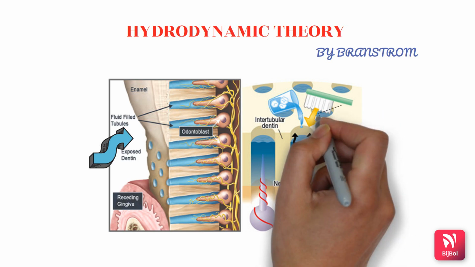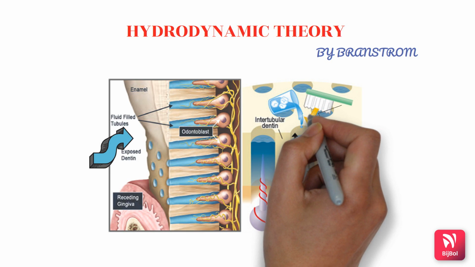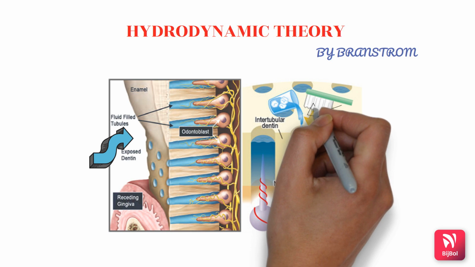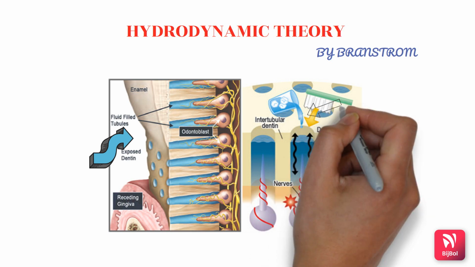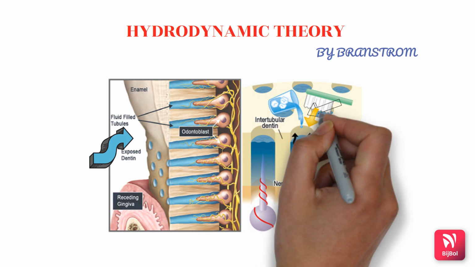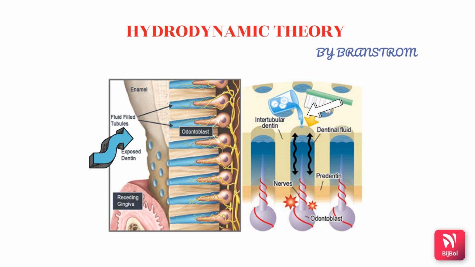This theory states that whenever the exposed dentin is stimulated by tactile, chemical, thermal, or osmotic stimuli, there is a rapid movement of the dentinal fluid either towards the pulp or outward, which causes direct stimulation of the low threshold A delta nerve fibers in the pulp, or indirect stimulation of the A delta nerve fibers in the pulp by displacing the odontoblastic cell bodies. That's the reason it is the most accepted theory representing the hypersensitivity.